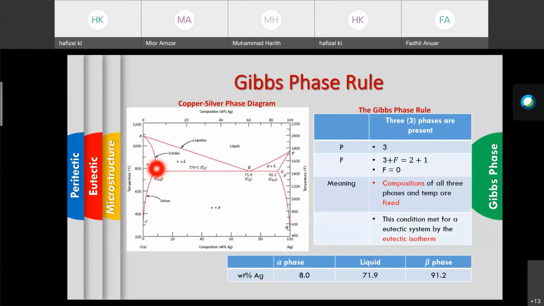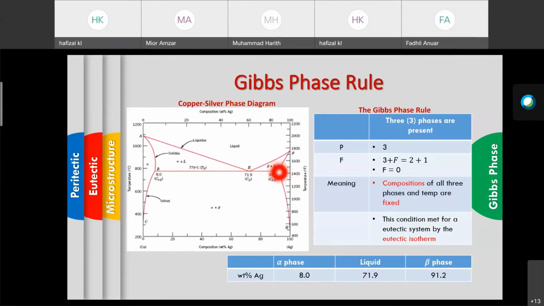At this point we can get the value of alpha here, whereby the alpha phase is 8% Ag, and we can get the value of liquid here, which is 71.9%. The percentage we can get from the projection at the axis here. Also along this line of temperature, we have another phase, which is beta.